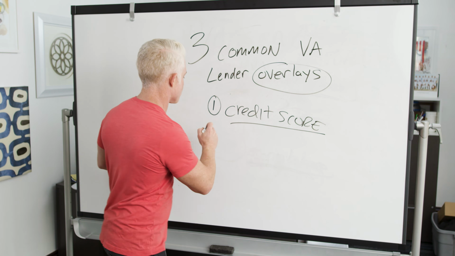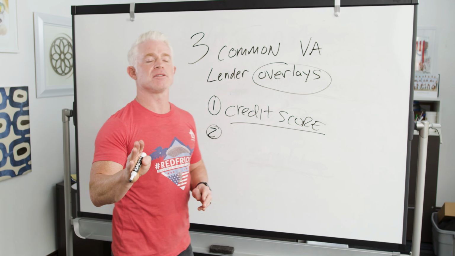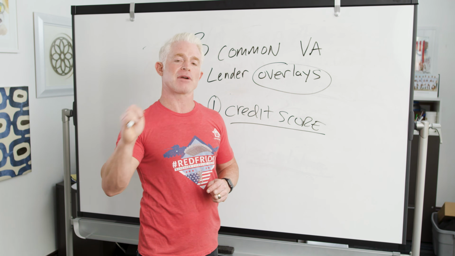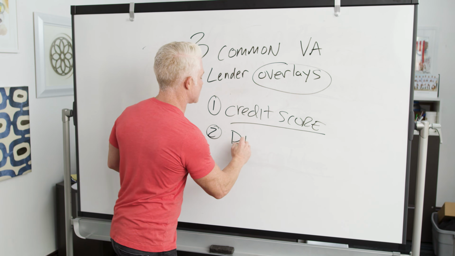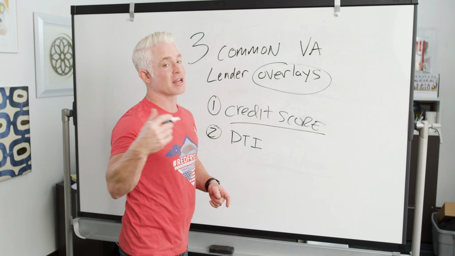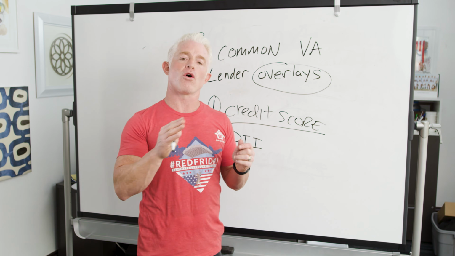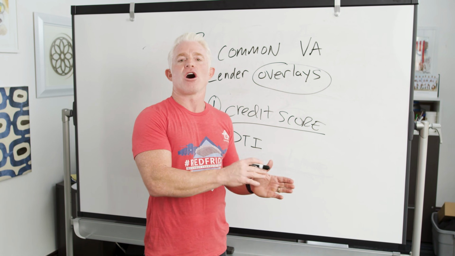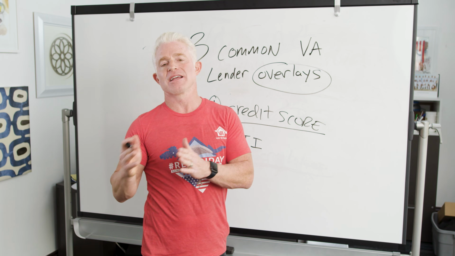Number two, the most common overlay is a DTI ratio overlay. We've talked about DTI, which is also known as your debt to income. Overlays on the DTI requirement usually occur as a cap on what your debt to income ratio can be.